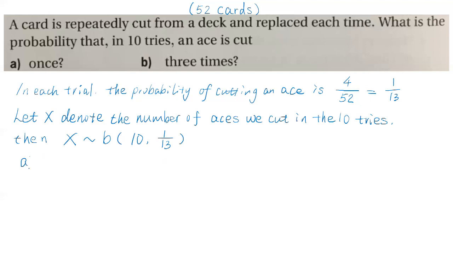So here, for A, it asks you to find the probability of X being 1, which is C10(1) times 1/13 to the power 1 times 12/13 to the power 9, right?